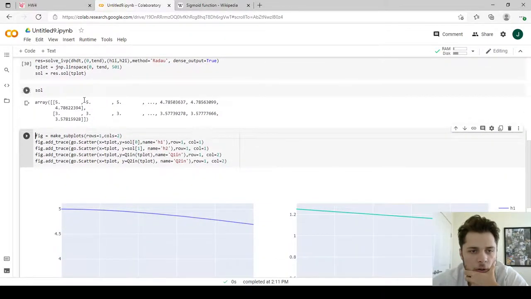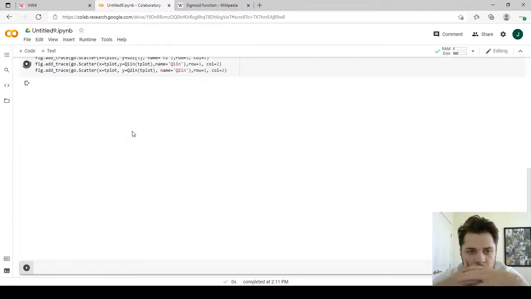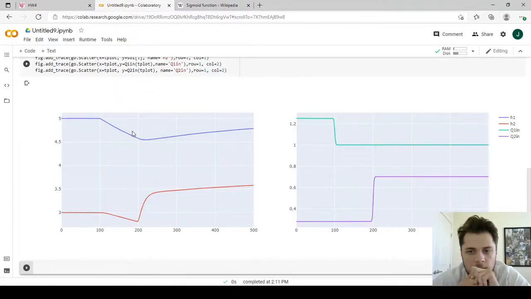So here are our new changes in heights. Let's see how they look on the graph. So obviously the changes in heights are much more complex than what they were.